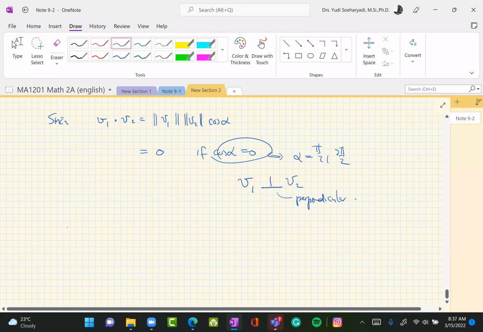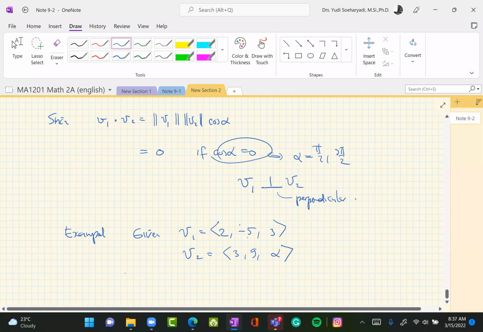So, an example: given V1 is (2, -5, 3) and V2 is (3, 9, alpha).